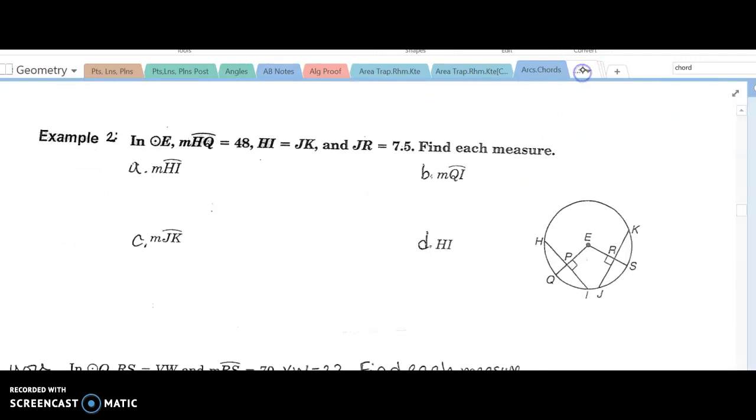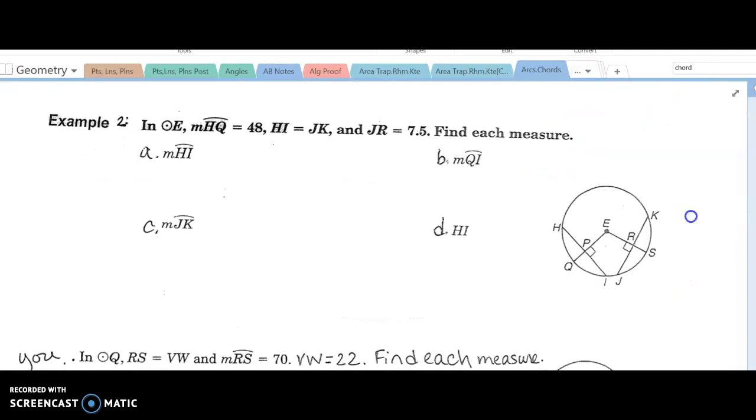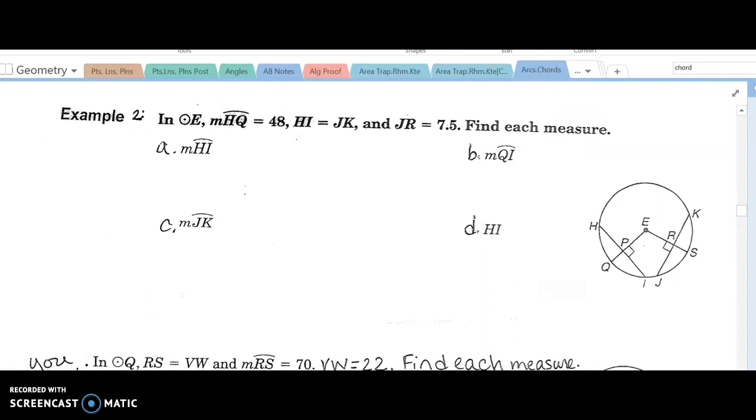Okay, so here we go in example 2. A lot going on here. It says HI is congruent to JK. So let's look at what we've got. We've got 2 chords that are congruent. We already had a theorem today that said if those 2 chords are congruent, then the part of the circle that those 2 chords cut off have to be the same.